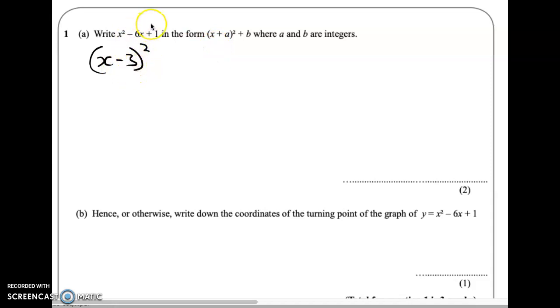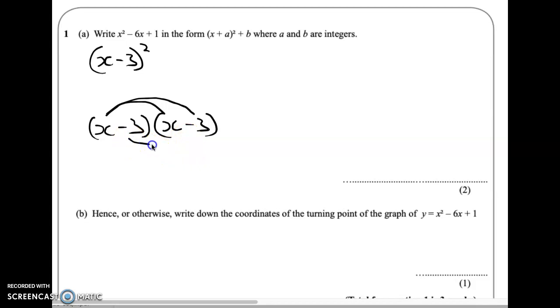The reason we do this is because (x minus 3) squared is (x minus 3) times (x minus 3). When we expand this out, we get x times x, which gives us our x squared.